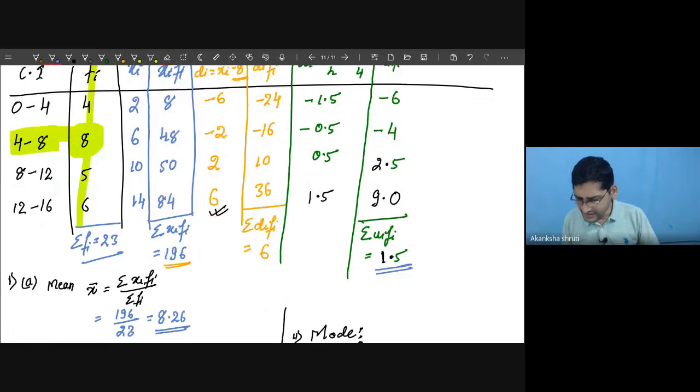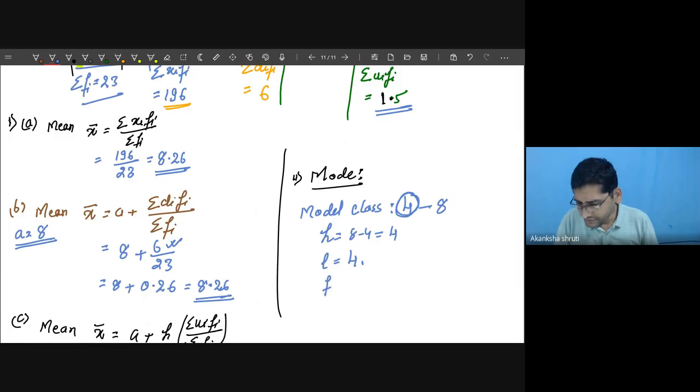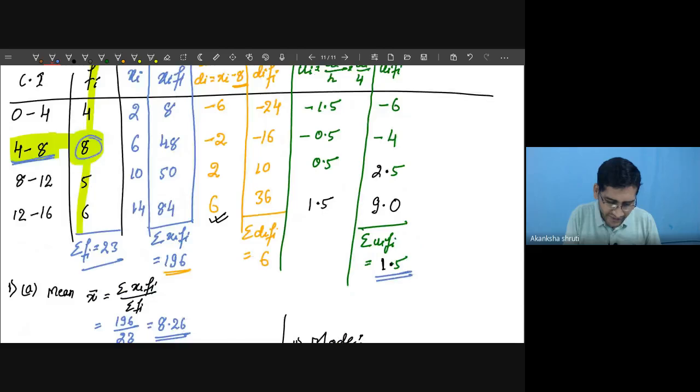In this case, the modal class is 4 to 8, 4-8. From here we can write h is 8 minus 4, or anywhere it is always 4. The L is the lower limit, this 4. The frequency is f1. Even so, you can mark this in the table itself.